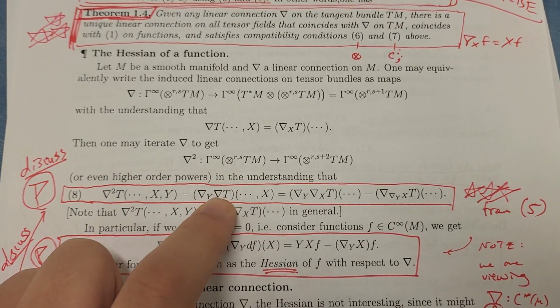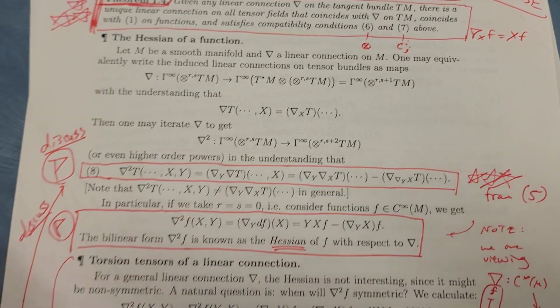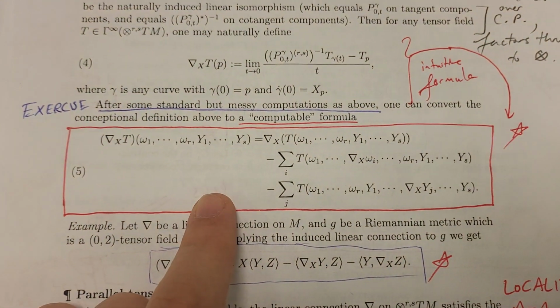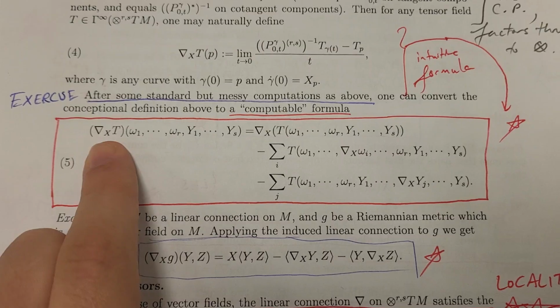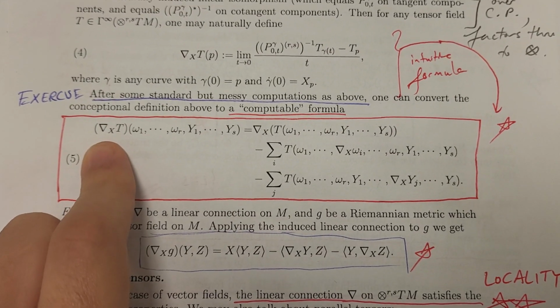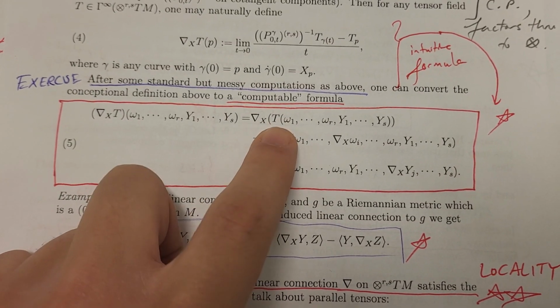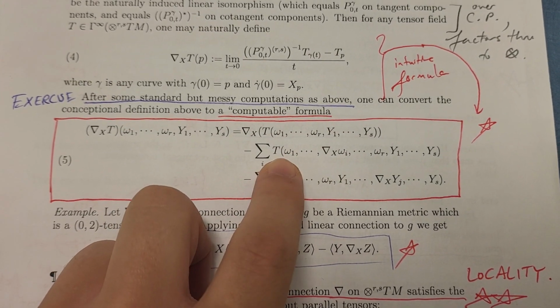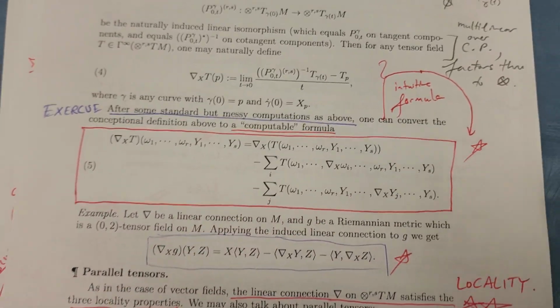Now we have to use the formula for the covariant derivative of a tensor field: we take the covariant derivative of the tensor field evaluated on its components, and then subtract the sum of the tensor field evaluated on the covariant derivatives of the components.